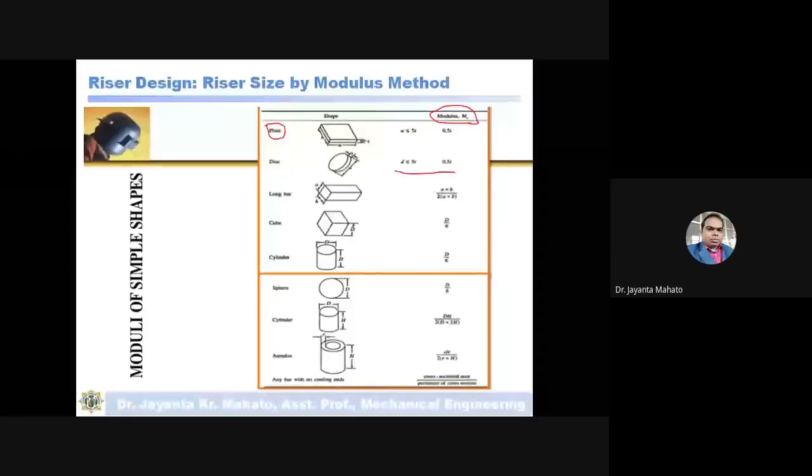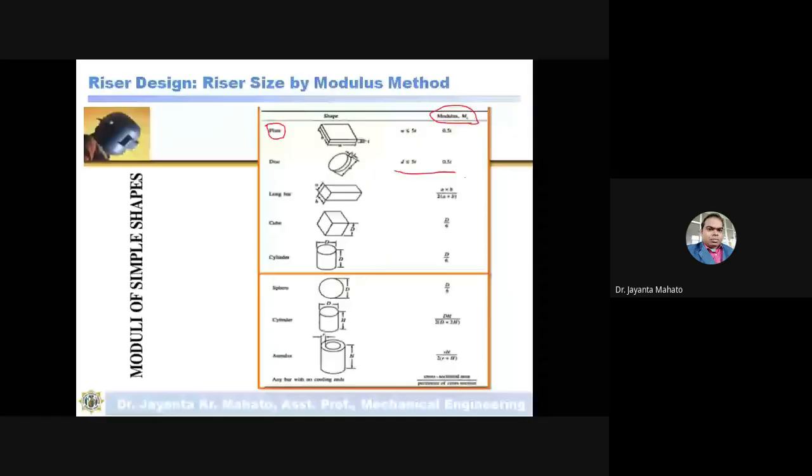Okay. So from this relationship, you can calculate the value of MC. So here put the value of MC, then you can calculate the value of D, and here BC is the casting volume. So this value is also a known value.